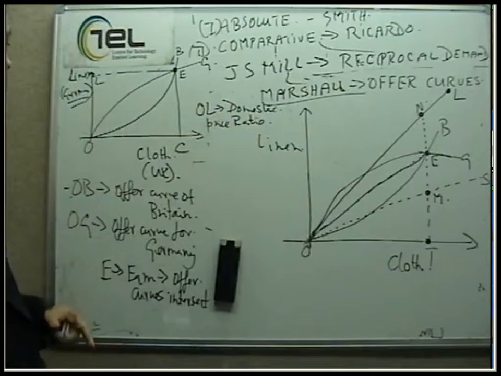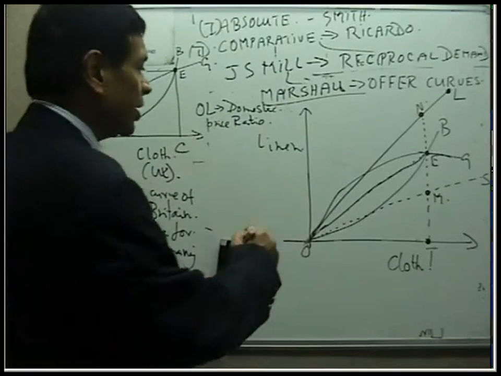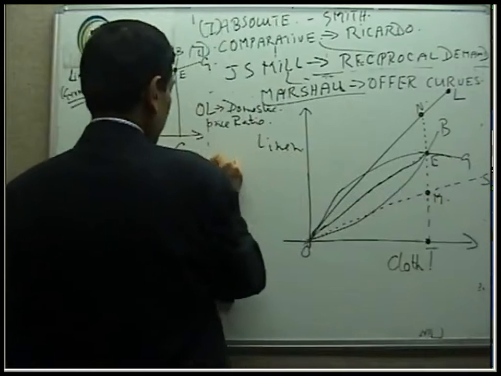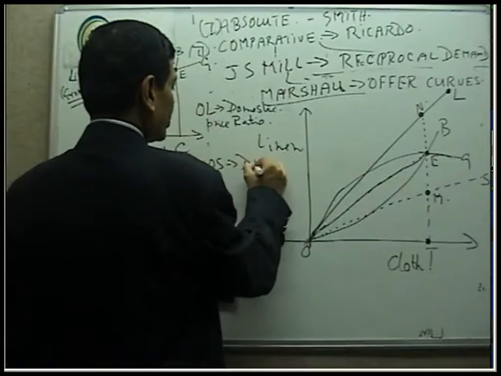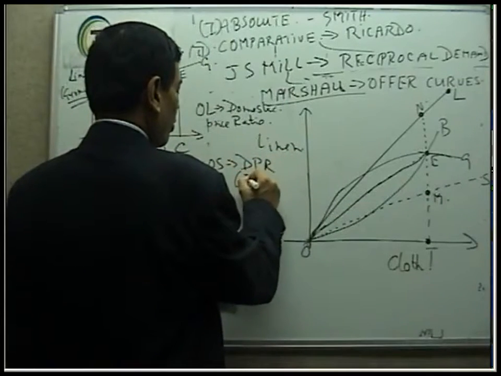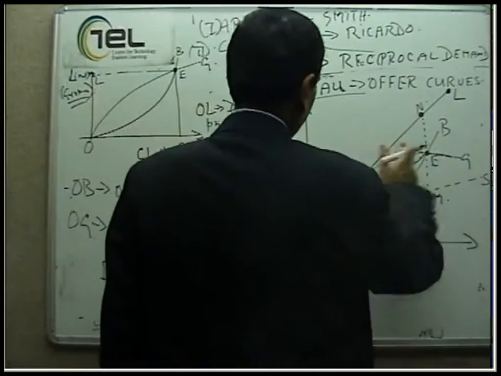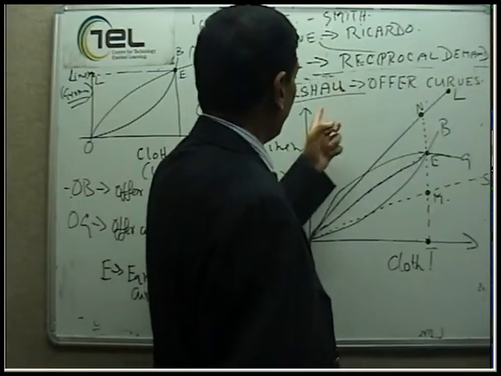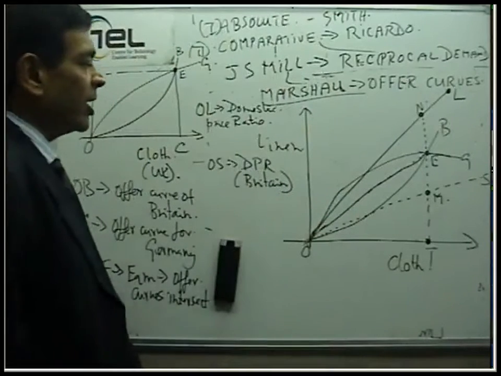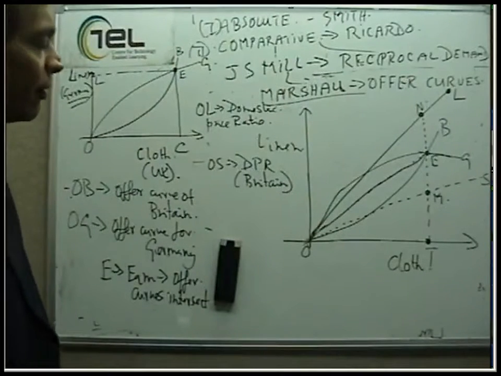This is for Germany. And what is OS? OS is the domestic price ratio for Britain. As you can quite clearly understand from these two diagrams, Germany has an advantage in linen and Britain has an advantage in cloth.